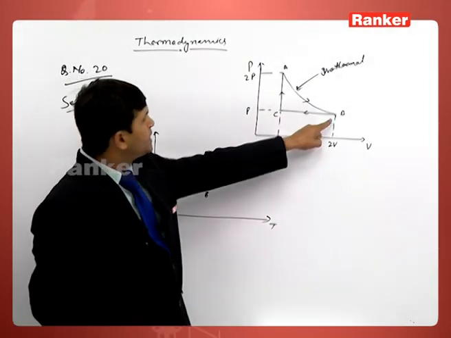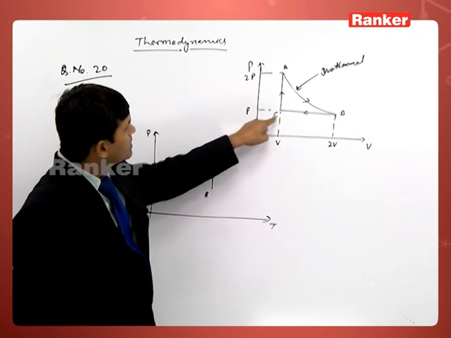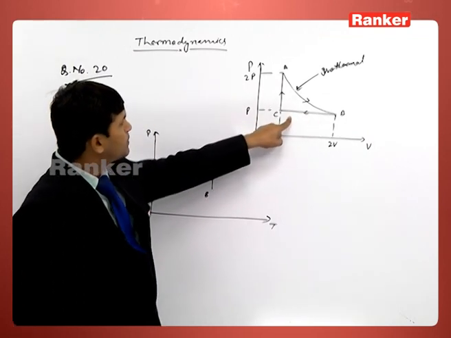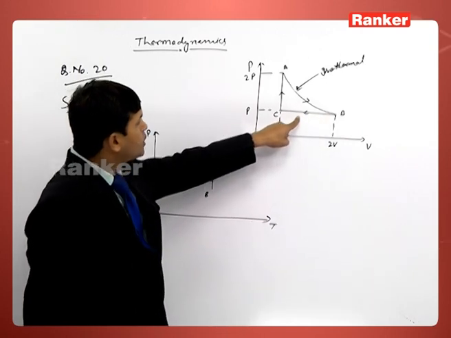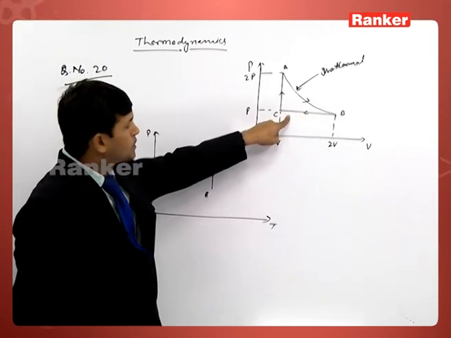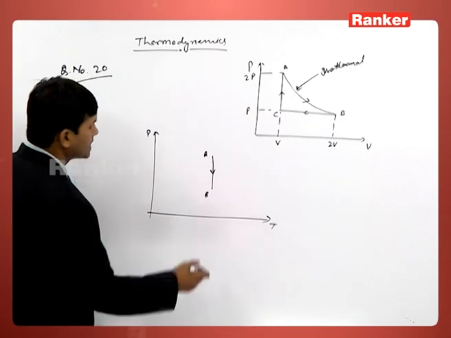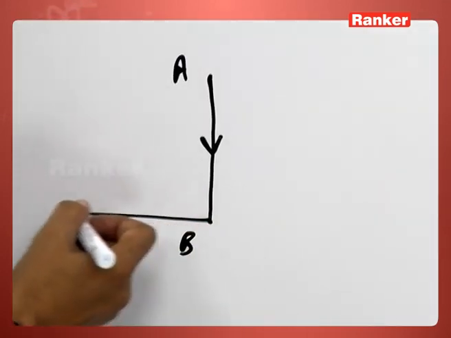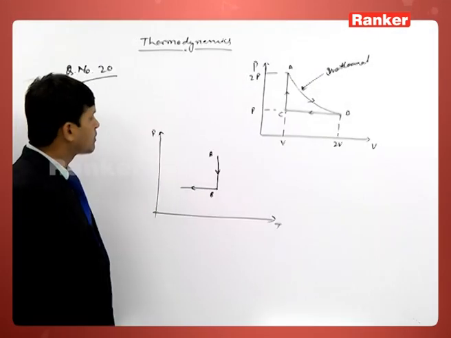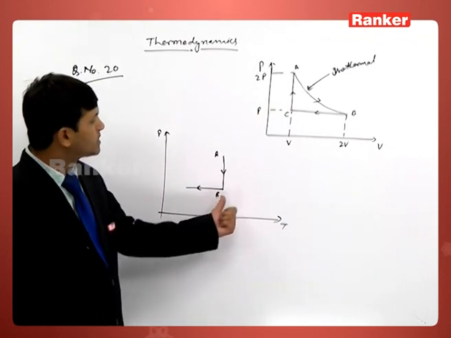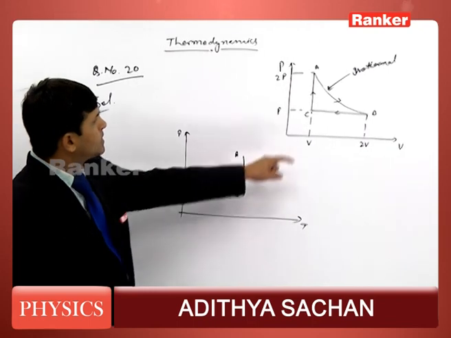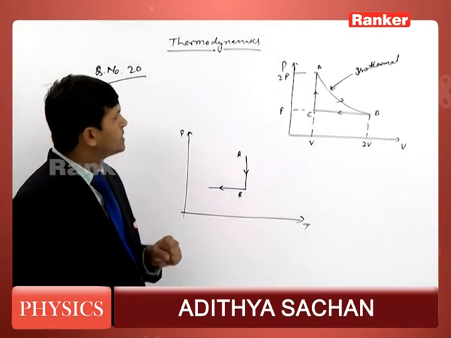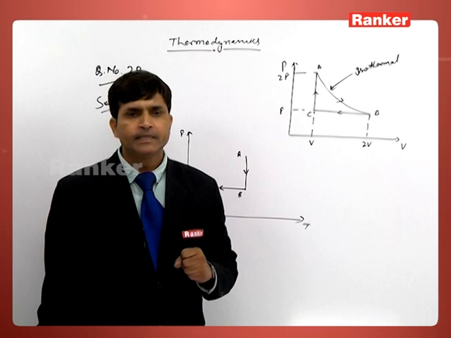Next, B to C. Looking here, what has been observed is the pressure is constant. Pressure constant, if volume decreases, then temperature will also decrease. So this is B to C. Now C to A, volume constant.